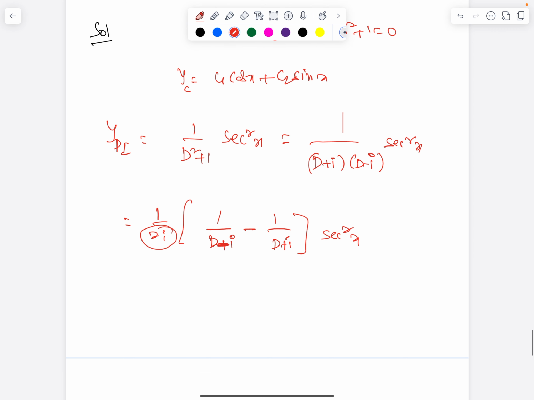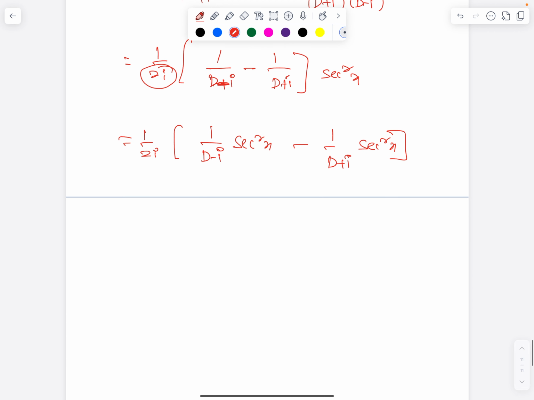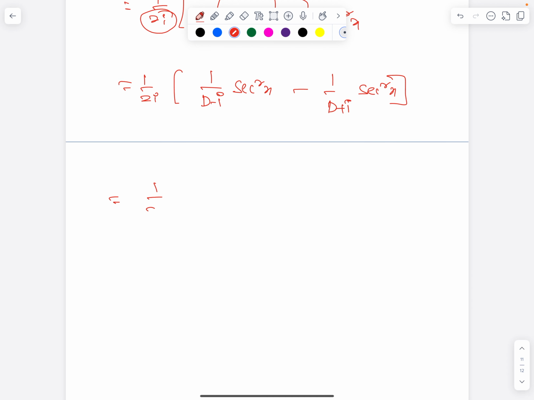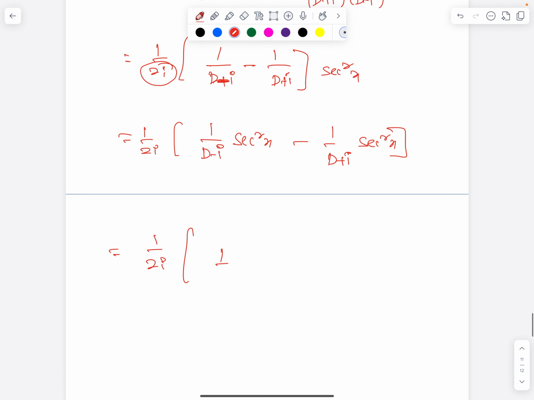Now if you take inside, actually this is 1 by 2i, 1 by d minus i secant square x minus 1 by d plus i secant square x. You can write secant square x as 1 by cos square x, but d minus i, how do you write it?